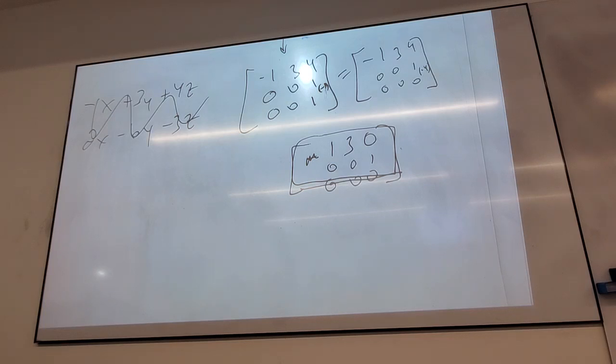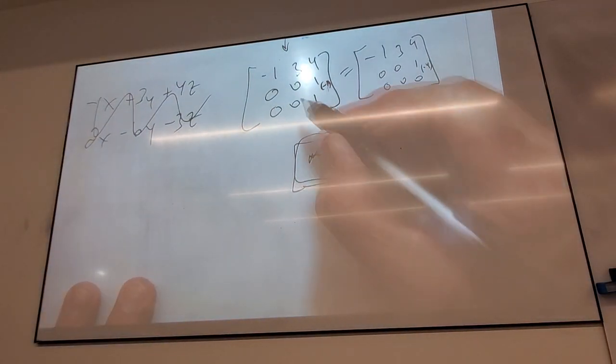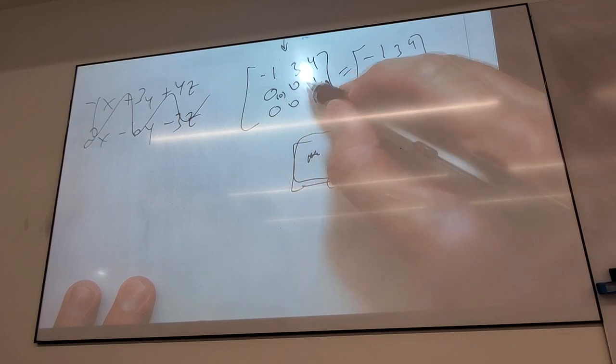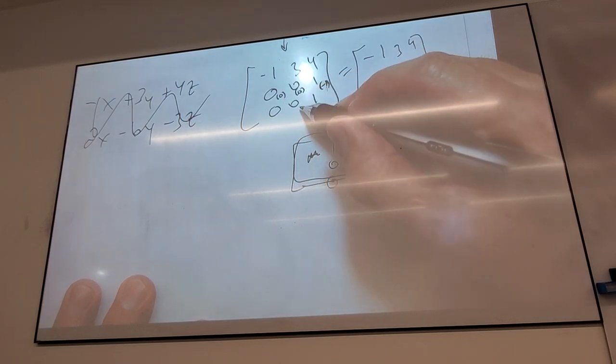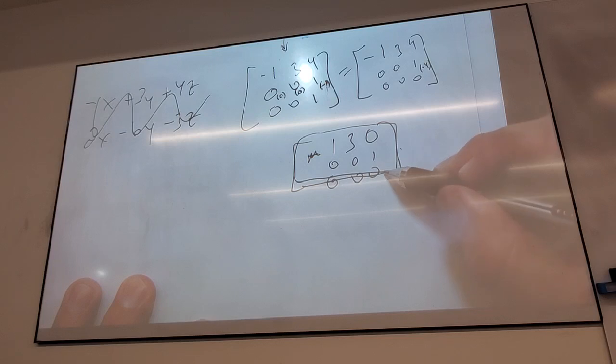Okay. Yes, sir? I'm just still struggling to figure out how we went from the +1 on the bottom row to the 0. If I multiply this row by -1, and then add it to row 3, excuse me, this will be 0, 0, 0. Yeah.